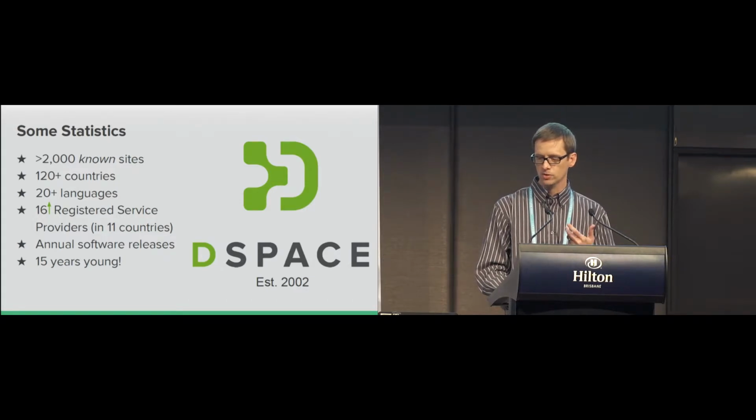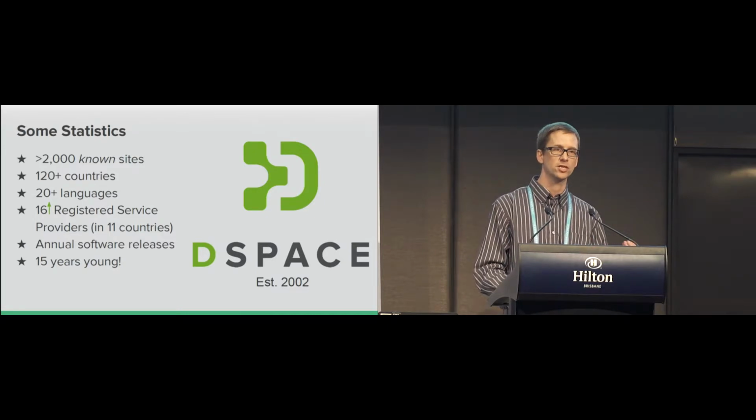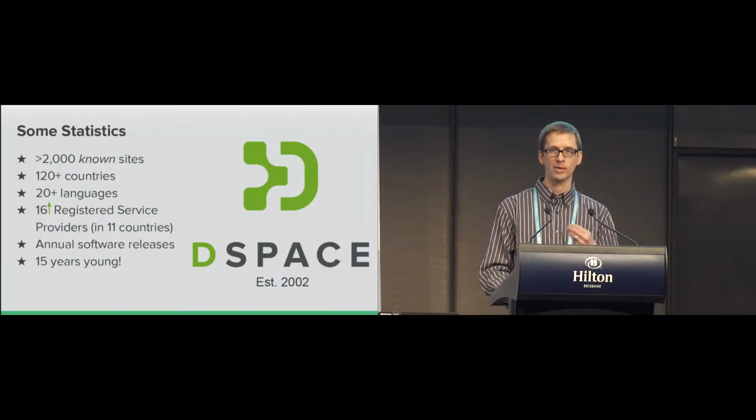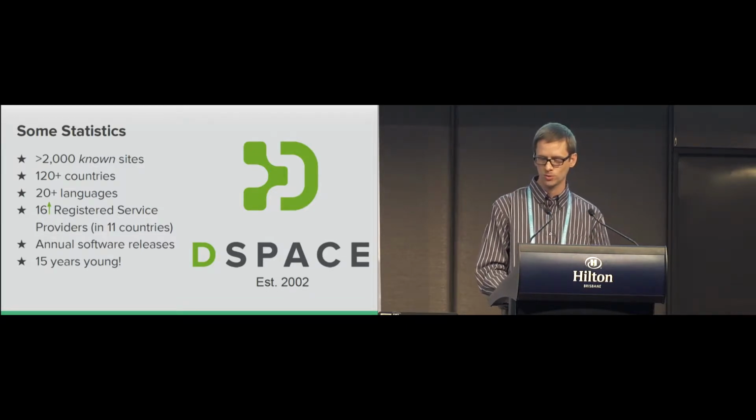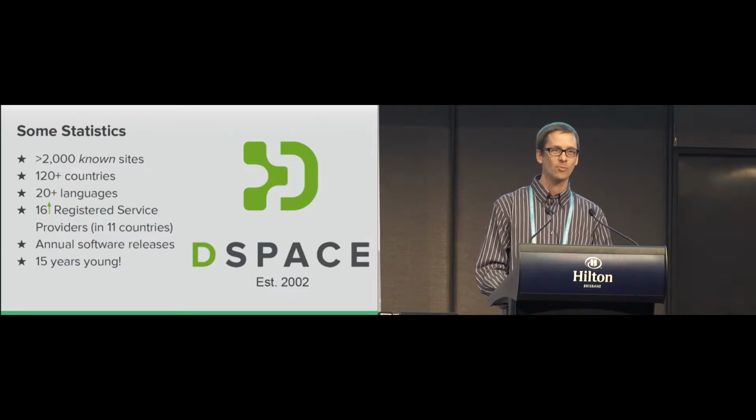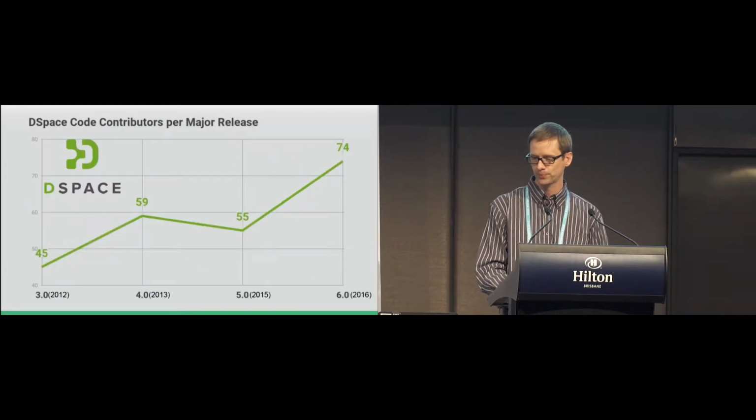We strive towards annual software releases. Recently, we've had some much more significant changes in modernizing the software, so that's been a little bit less annual, but maybe every other year or a year and a half. As I mentioned, we're 15 years old, so we've been around for a while, but we're constantly striving to stay up to date, and to adapt and modernize the platform.